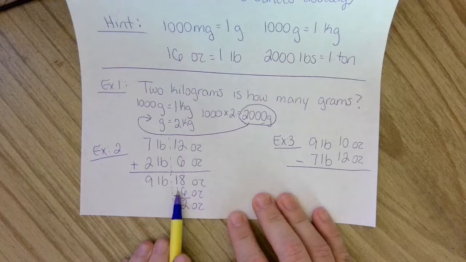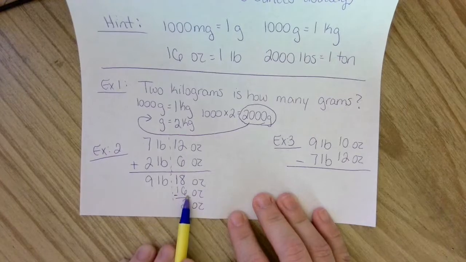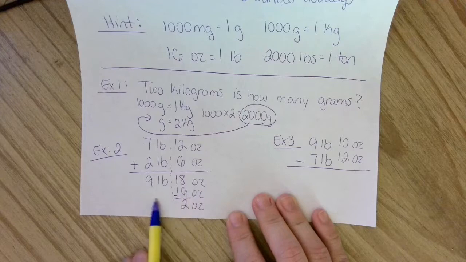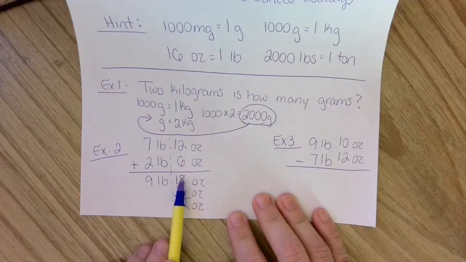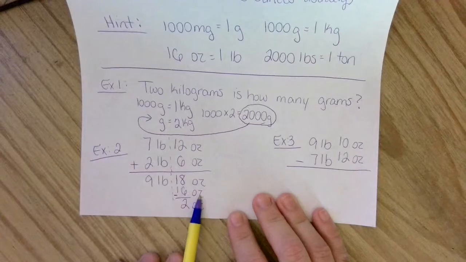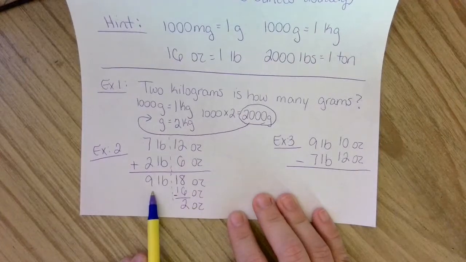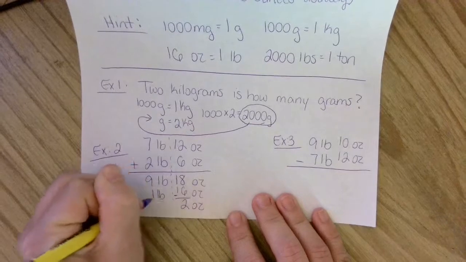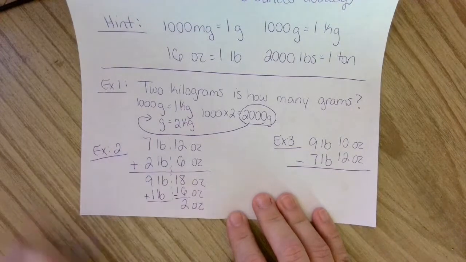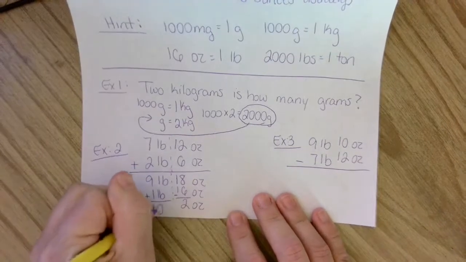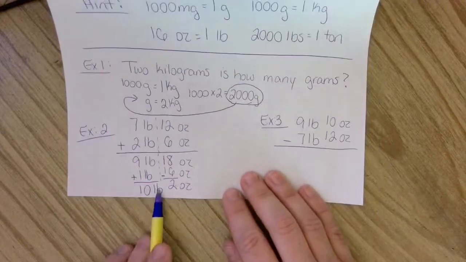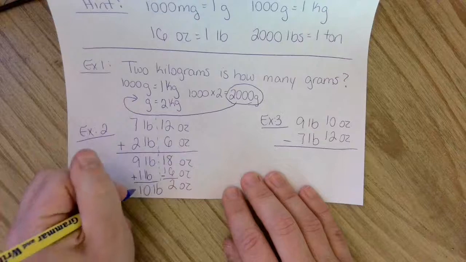Now that 16 ounces that I'm subtracting equals 1 pound that is actually going to get added to the pound side. So even though I'm taking away 16 ounces from here, I'm adding it to the pound side. So I'm going to do 9 plus 1 to get 10 pounds. So my answer is 10 pounds and 2 ounces.